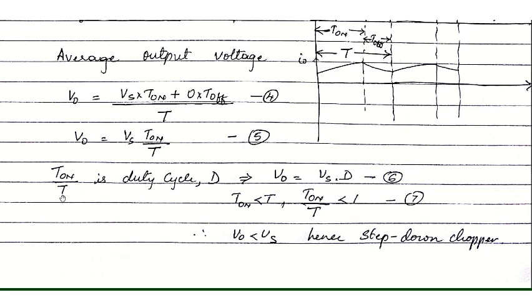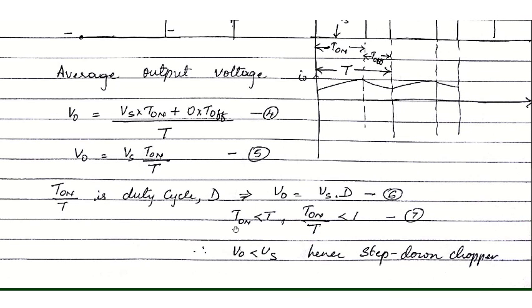Where T is the total time period, T on is the time duration for which the chopper is kept on. So it's a duty cycle, which we can represent as D. T on by T can be represented as D, which means we can rewrite the average output voltage as V naught equals Vs into D. From this relation, and from this waveform also, we know that T on will always be less than the total time period T, which means T on by T will be less than 1.